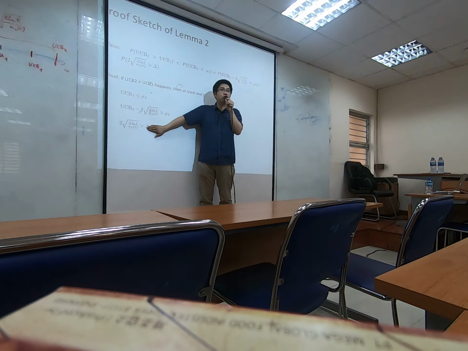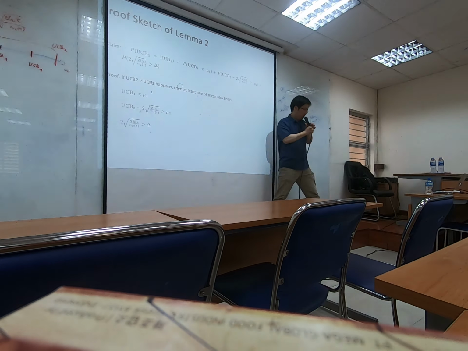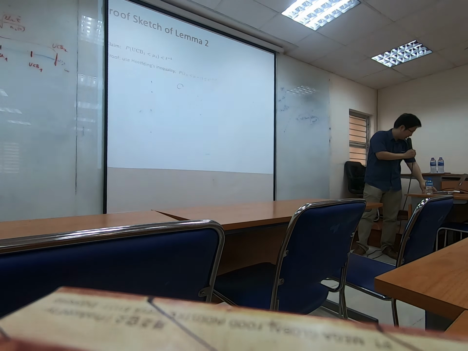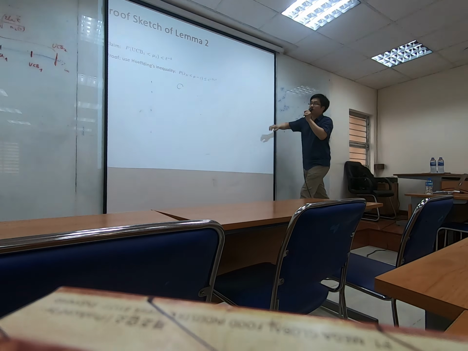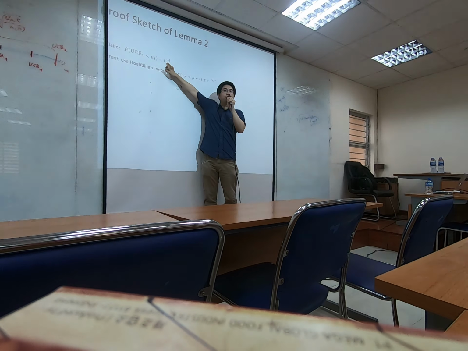Okay? And if this one is not going to hold, this one or this one has to be true. But if this one and this one has to be true, then we use this part. So the probability that at least one of them is true is going to be polynomially small.